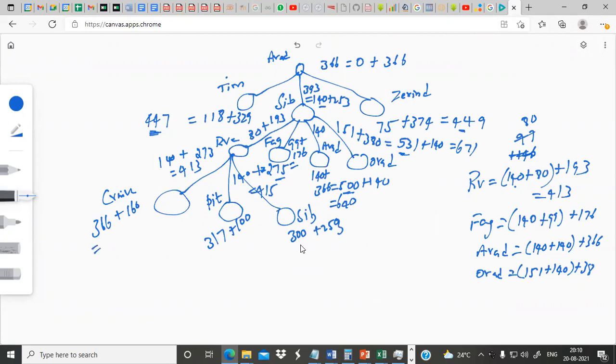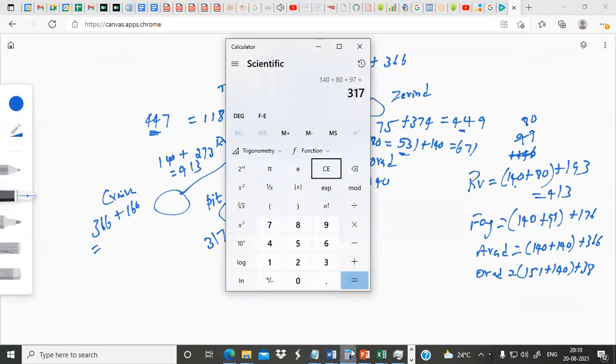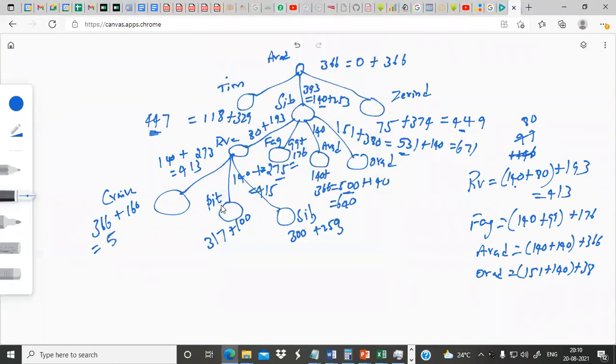So what we get? 366 plus 160, which is 526. So this path is 526.